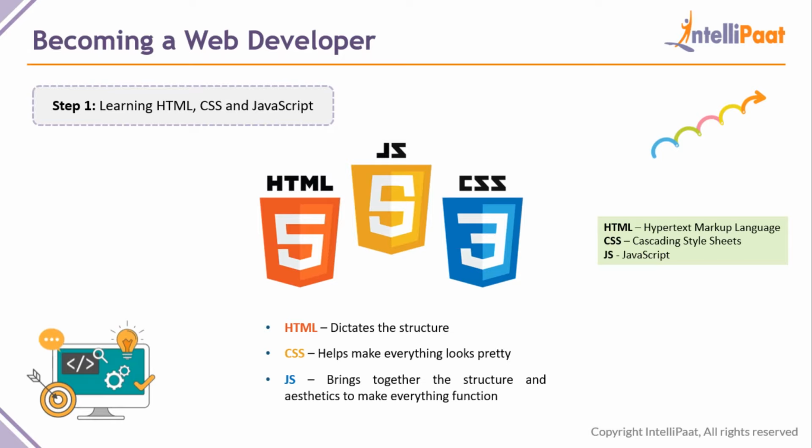And then JavaScript pretty much brings all of these together and brings the structure and aesthetics together to make everything function, make everything work. If your building looks beautiful on the inside, it looks beautiful on the outside, but it doesn't work, it doesn't make sense, right? So you need to have switches, light switches, air conditioning, and so much more. As soon as you turn it on, it should work, right? So this is what JavaScript would do to your website. It would pretty much bring functionality to the aesthetics and the underlying structure as well, guys.